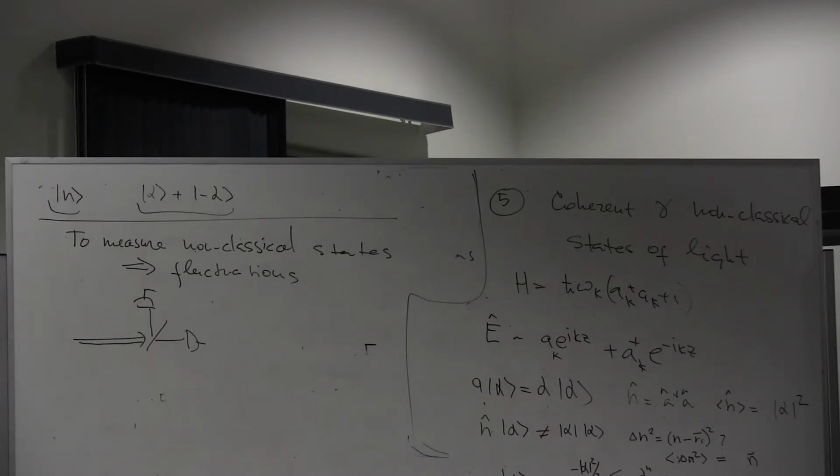But let me take a step back and ask, why can't you do this directly? Why can't you just take a light pulse and send it on a photodetector and just count how many photons this pulse contains? Why go through this trouble? Yeah.